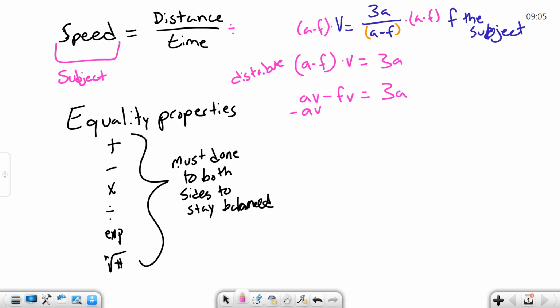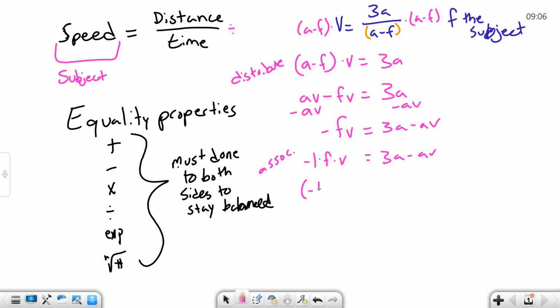Because there's no negative sign in front of av, this is subtracting av from both sides. That gives us negative fv equal to 3a minus av. Once again, we're going to break this out a little further. We have negative 1 times f times v equal to 3a minus av. Negative 1 times f times v can be rewritten using the associative property.